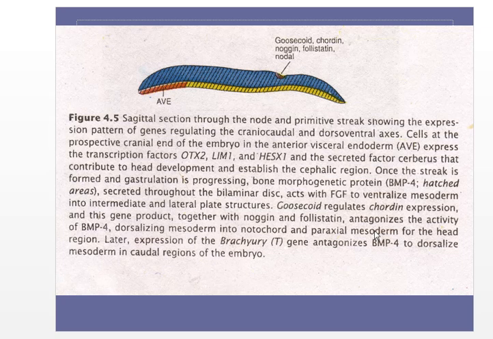For the head region, when the somite or paraxial mesoderm is formed, it means that the vertebral column is formed in this area.